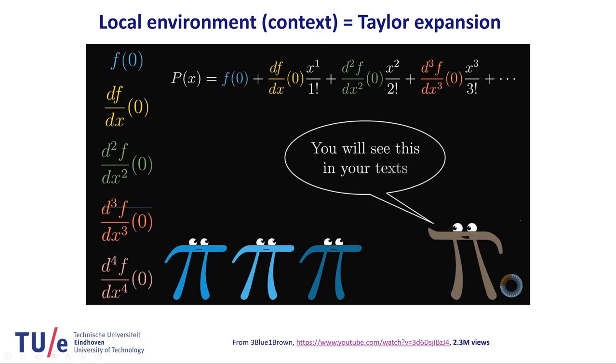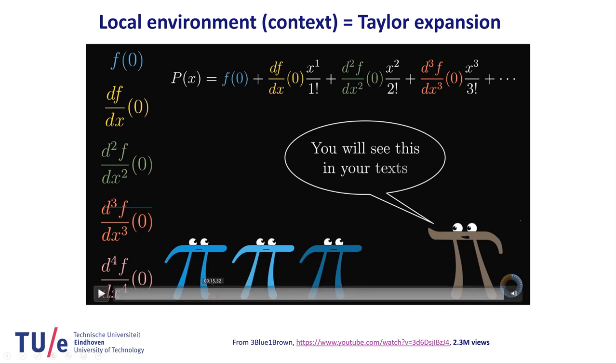And in mathematics, it's known that if you want to describe a function a little bit to the left and a little bit to the right, you use what you call a Taylor expansion. I have a small part of a movie here.